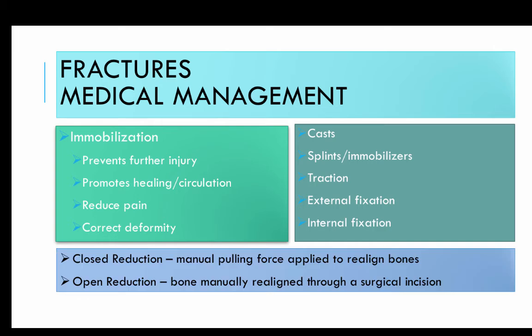And you can have a closed reduction where you manually pull the limb or whatever to realign the bones. We see that a lot. And an open reduction is when they open up the area and realign the bones. A lot of times an open reduction will involve plating or screws or something like that to hold the bone in place. And that's usually done when there's a comminuted or complicated fracture.